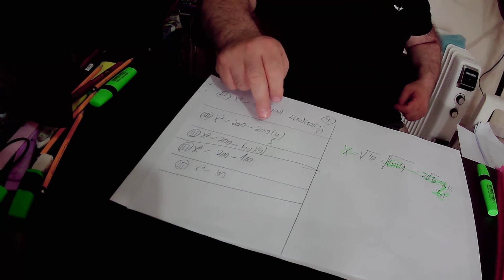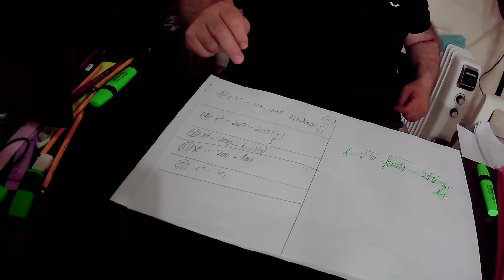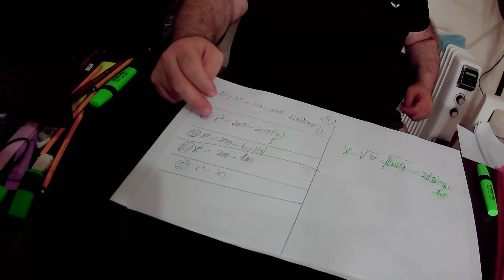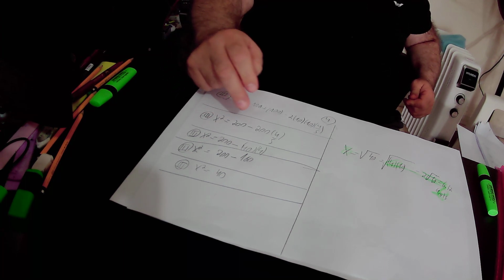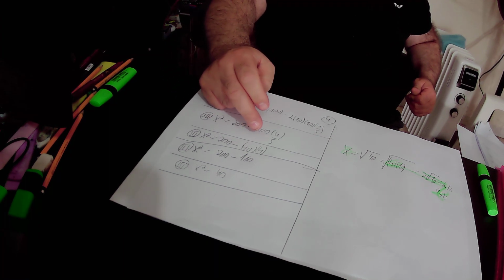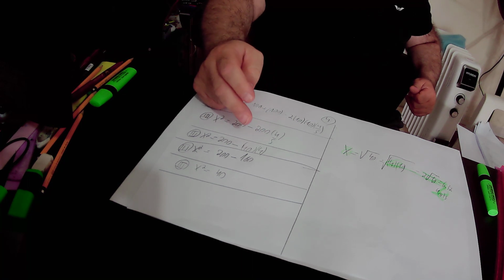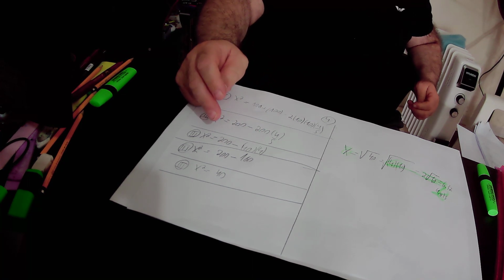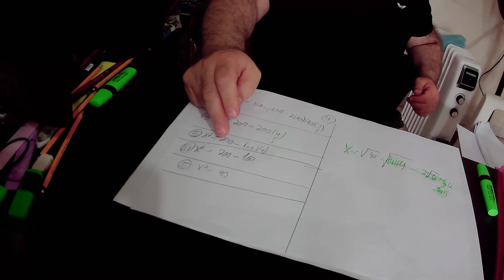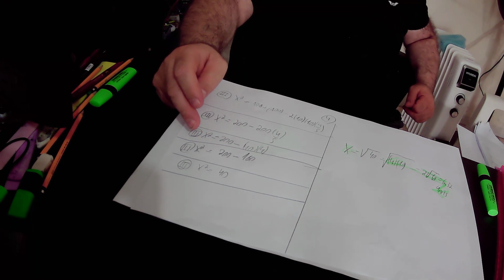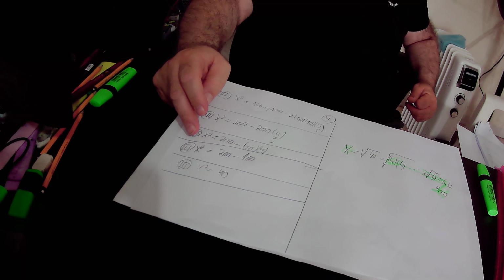So this expression equals minus 40 times 4. So in conclusion, x squared equals 200 minus 40 times 4 is minus 160. So x squared equals 200 minus 160. 200 minus 160 is 40. So in conclusion, x squared equals 40.